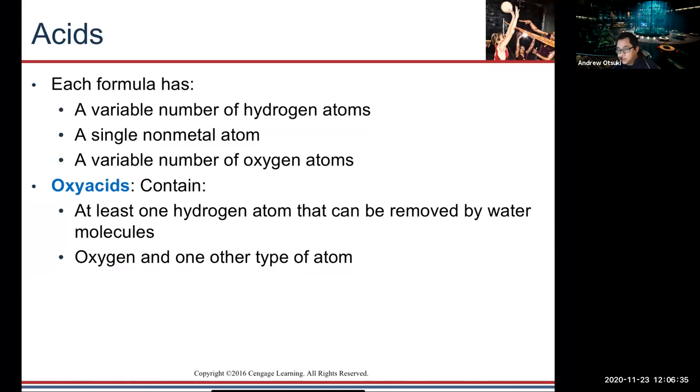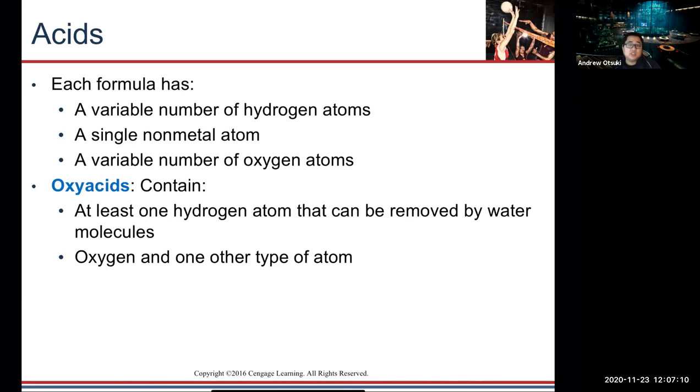Acids have what we call acidic protons, so a variable number of hydrogen atoms. The formula has a non-metal atom, and then usually a variable number of oxygen atoms, which is where the hydrogens are usually attached. Oxy acids contain at least one hydrogen that can be removed by water. If we dump the acid in water, it'll be removed to form an acidic solution.